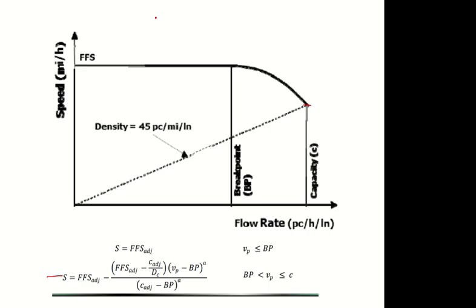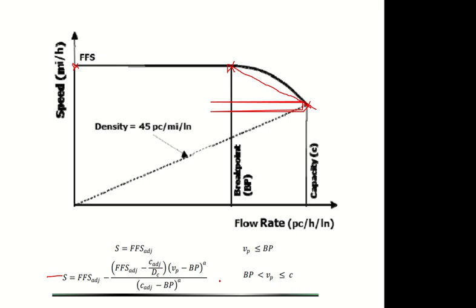Okay, so we have point 1, point 2, point C. I can almost plot this graph, but this is a curve. If I draw it with these points, I will make a straight line. Okay, but you can see this, it should not be a straight line. I need to make it a curve. To make it a curve, I need more points. Let's say I need 2 more points here.